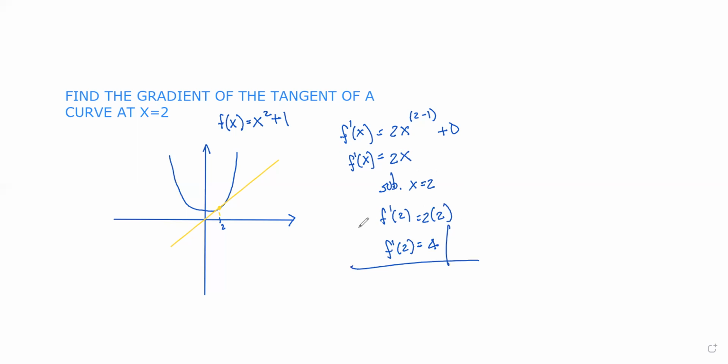And this is the gradient. The gradient is 4, and that would be it. This is not the equation of the tangent, of course. This is only the gradient, which was what was asked in the exercise.